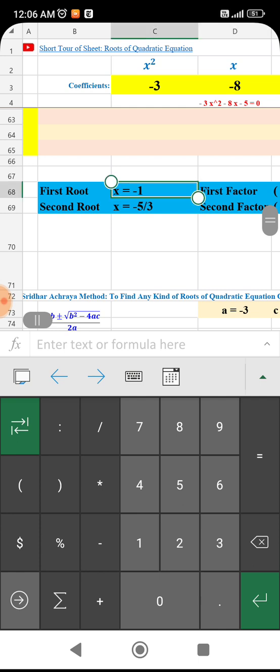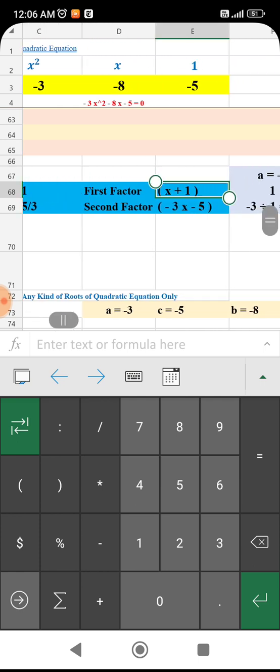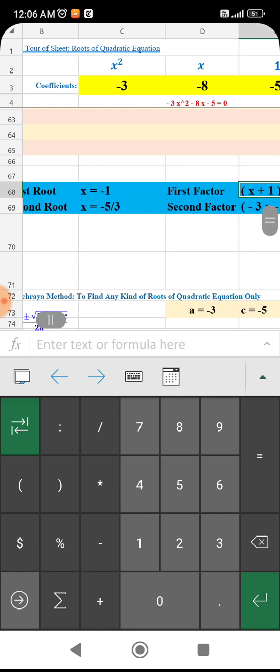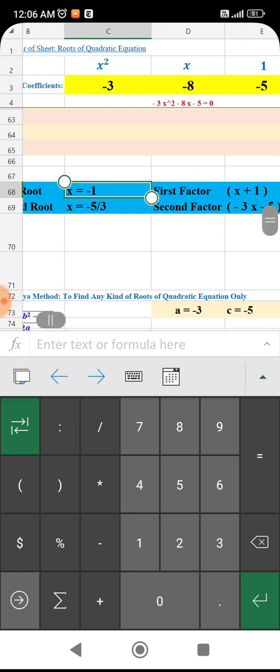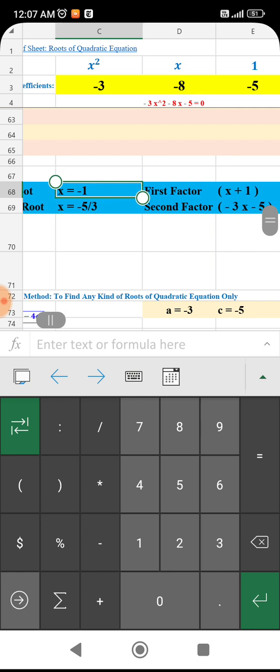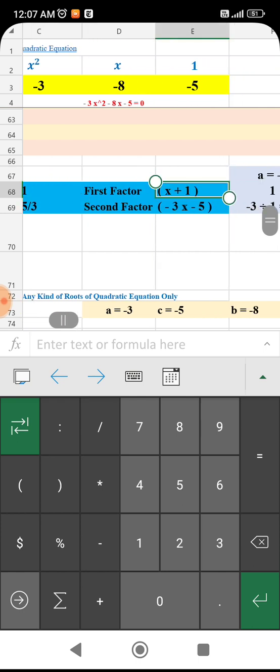One root is at -1, x equals -1. So what is the factor? The factor is x plus 1. That means the factor will be x plus 1.